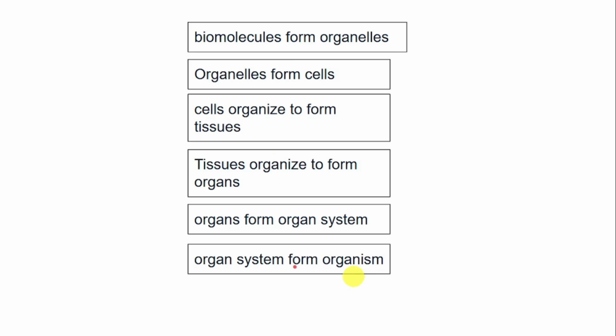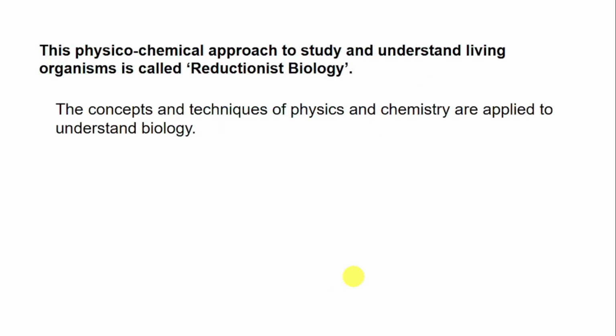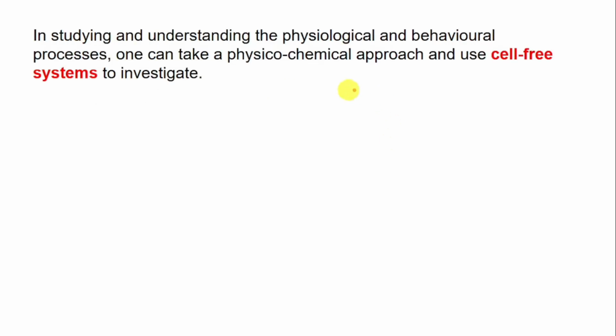So reductionist biology indicates we focus on the biomolecules, these molecules, to understand the pathology and physiology of an organism. We focus on biomolecules. So concepts and techniques of physics and chemistry are applied to understand biology, and this approach is called reductionist biology. So essentially the investigation is done using cell-free systems.